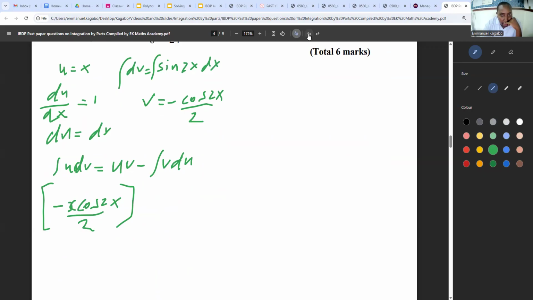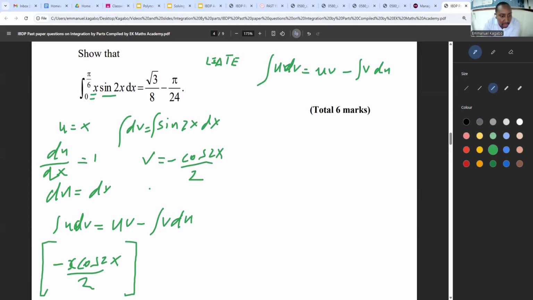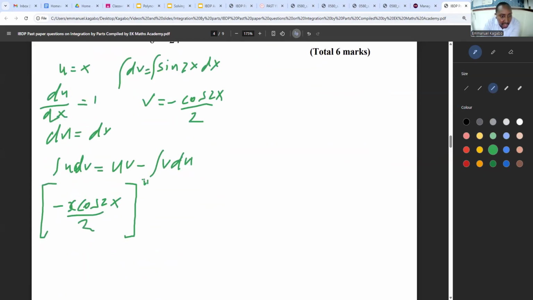Okay, let me write it much better. Good. Now my upper limit is pi over 6, right? And then this is 0. Okay, minus v.